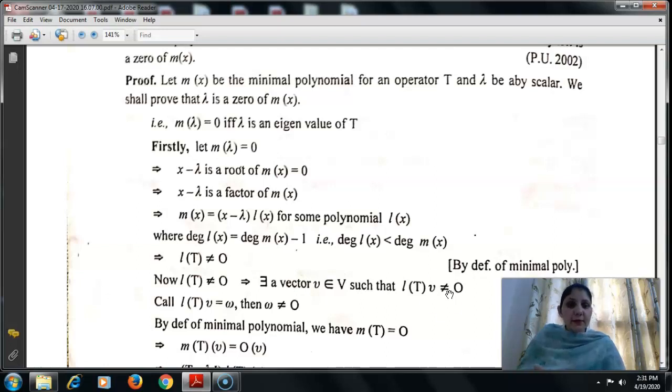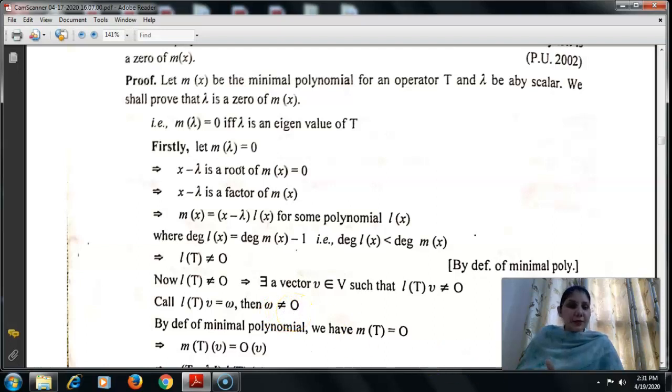When an operator is applied on some vector v of vector space V, it will be non-zero because this operator is non-zero. Let us write LTV equal to W. So W accordingly will be non-zero.